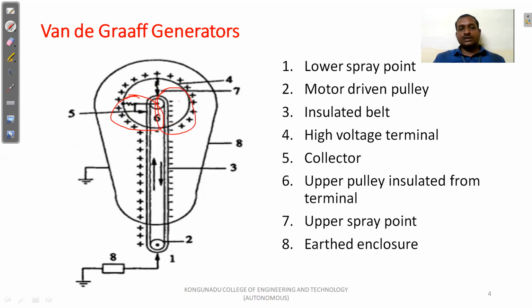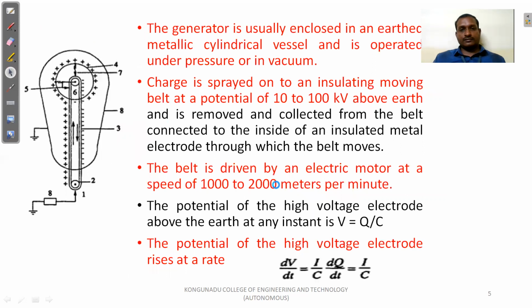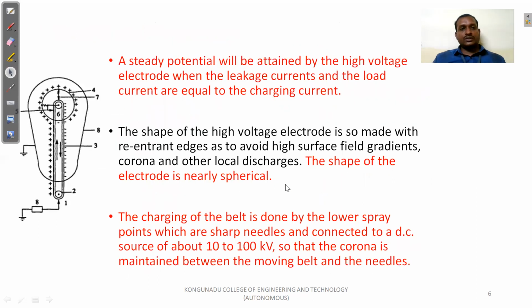These opposite charges move through the belt to improve charging. This is the working of the Van de Graaff generator. The shape of the high voltage electrode is nearly spherical to avoid corona and other local discharges and high surface field gradient.